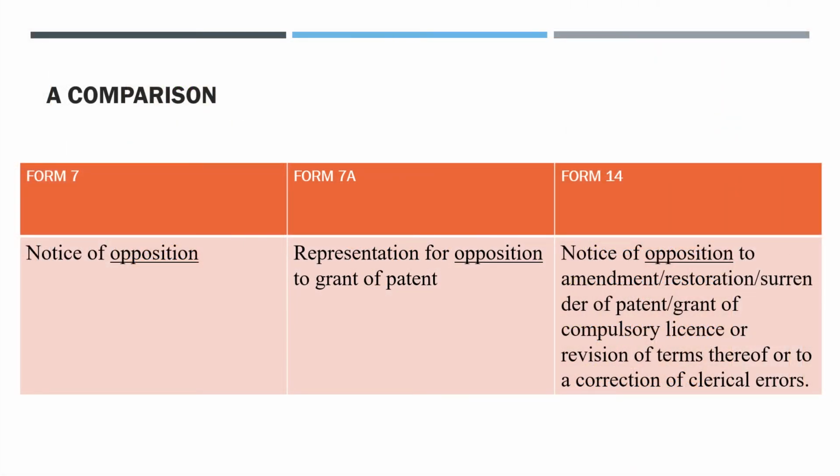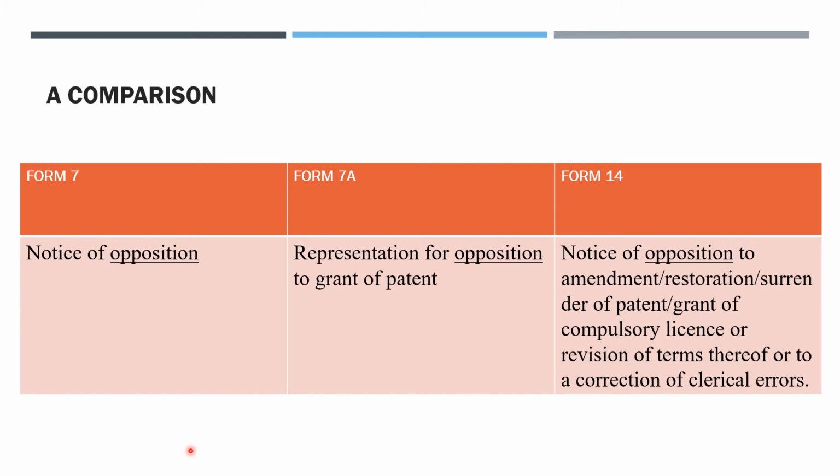After refreshing our memory from the old slide about form number 14 and its relevant sections and rules, it automatically comes to our mind that if form number 14 talks about opposition, then earlier we have also read about some more forms which were talking about the term opposition. So I have prepared a table here for comparison.